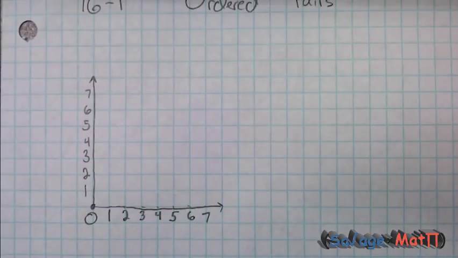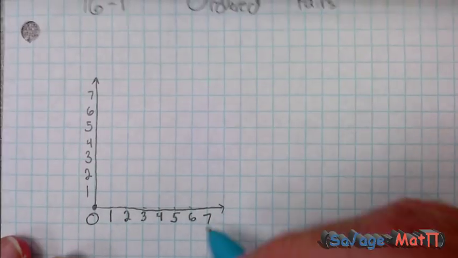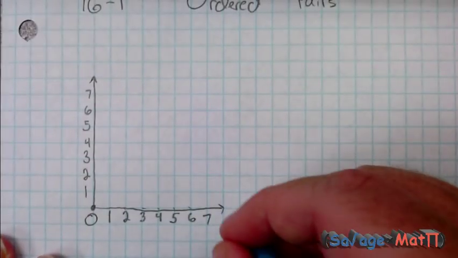Now if you have markers or colored pencils, or you want to get up quietly and get markers or colored pencils, I'm okay with that. Quietly. We're going to label some things on here today. The first thing I'm going to label is the axis on the bottom. That is called the x-axis.